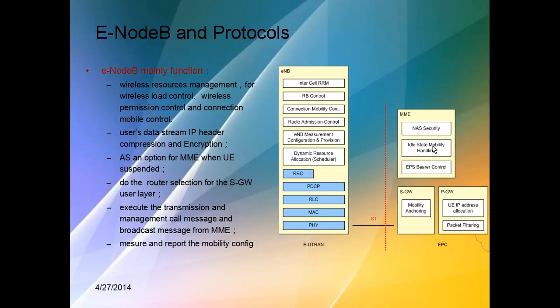The user data stream has IP header compression and encryption, as an option for the UE when suspended. It does the route selection for the SGW user plane. It executes the transmission and management of paging messages and broadcast messages from the MME. It is part of the core, and measures and reports the mobility configuration.